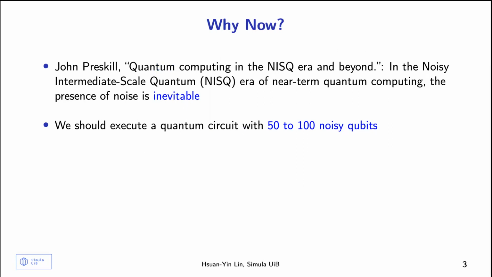No matter what quantum device you design, you will always have noise. If we want to implement a quantum circuit in practice on hardware, you will encounter 50 to 100 noisy qubits. This is for sure, and it is actually quite a small number compared to telecommunications in the classical world.